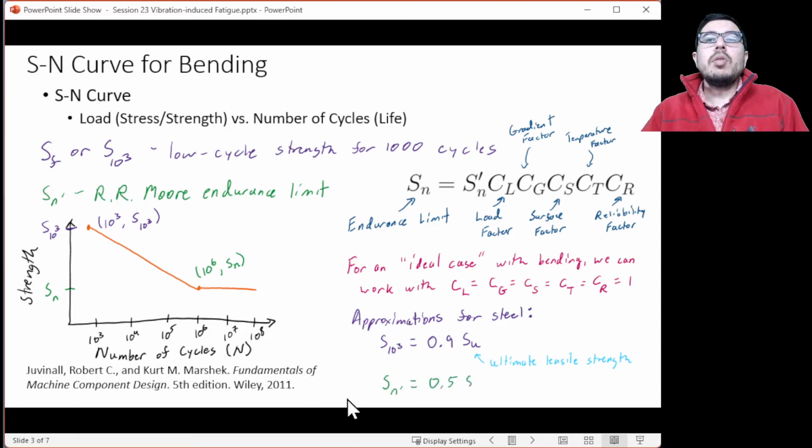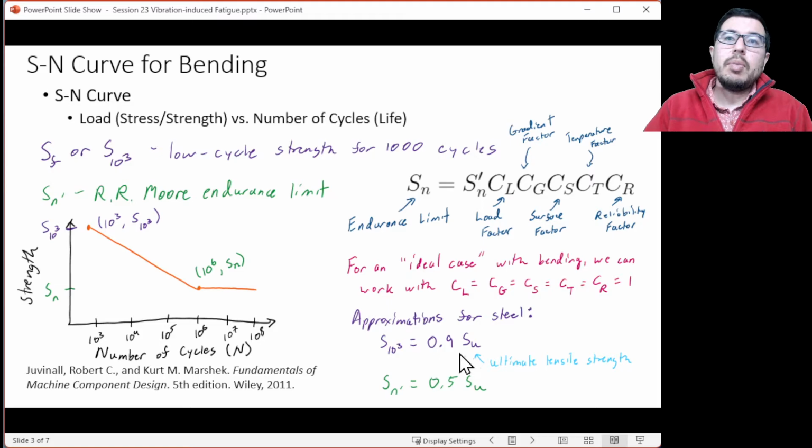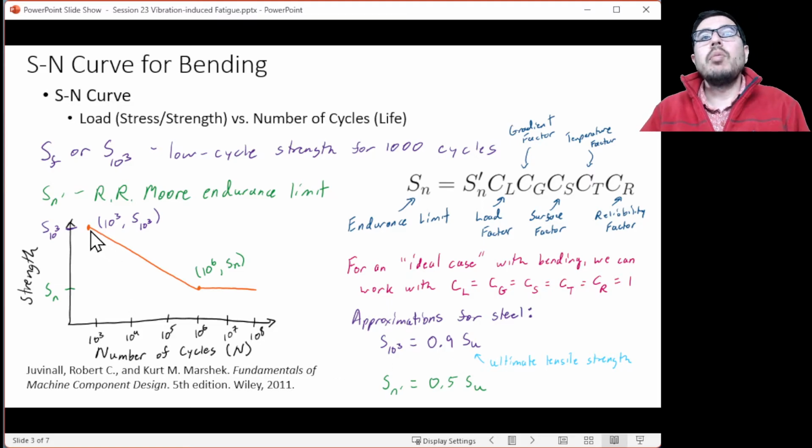We can also approximate the Sn prime, or the R.R. Moore endurance limit, by multiplying the ultimate tensile strength by a factor of 0.5. And so if we are given the ultimate tensile strength for the steel, we are able to say what the S10 to the third and Sn might be, assuming we also know what the appropriate load factors and surface factor and reliability factor and temperature factor and gradient factors might be.